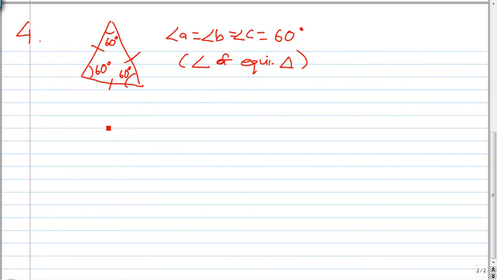Let's talk about how we can classify triangles. You have types of triangles.